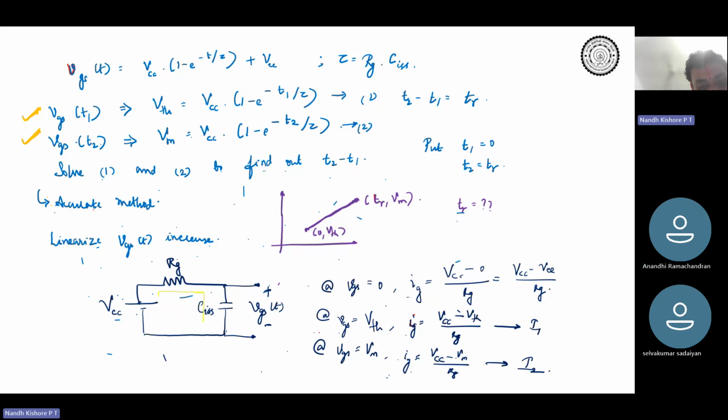Can we write it in terms of CISS? Are you understanding the question? Can I write in terms of CISS what is the current? So just look at CISS. What is the current?